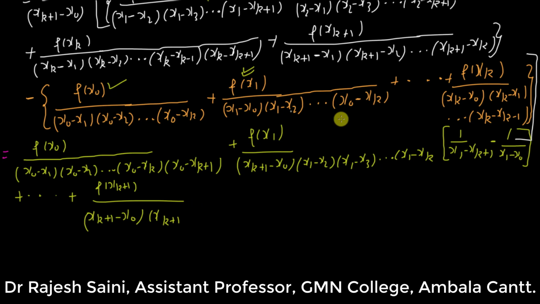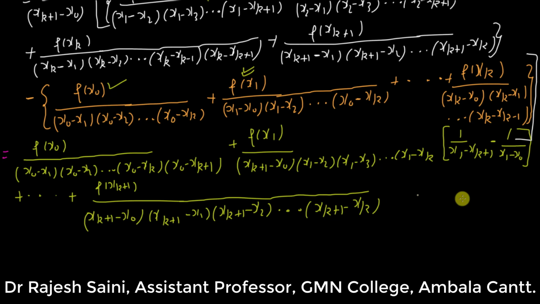These are obvious terms and will be done similarly, as we are doing for f of x1. These terms were only single terms present, so there is no pairing with them. So I am going to write this one: xk plus 1 minus x1, xk plus 1 minus x2, up to xk plus 1 minus xk. Fine.